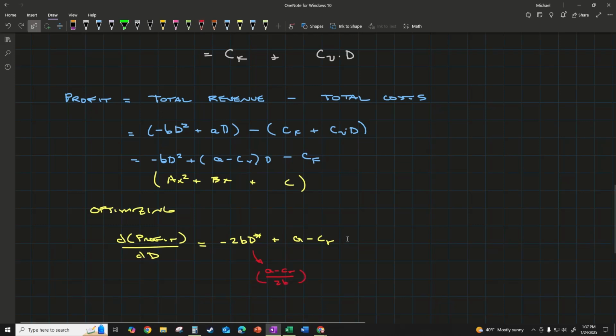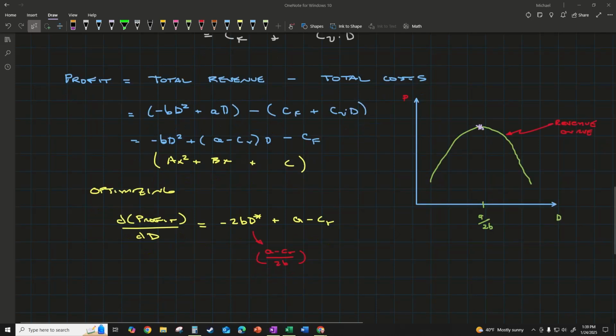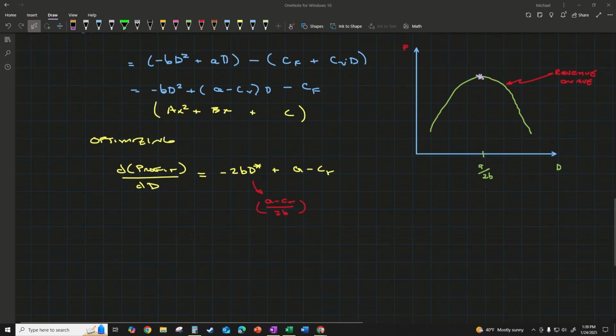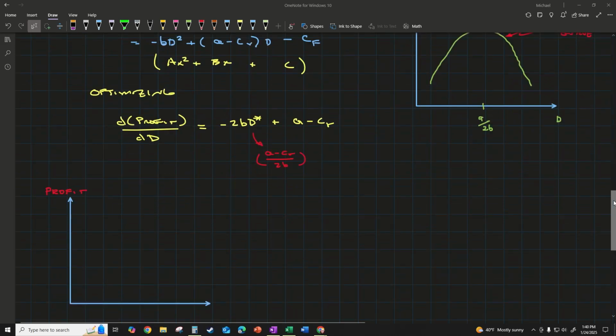Okay, so let's do a little bit of graphical analysis here. So we have a revenue curve that we calculated up there. But now when we incorporate profits into our relationship, we have a different parabola, which is our profit curve. Again, this is a function of demand.